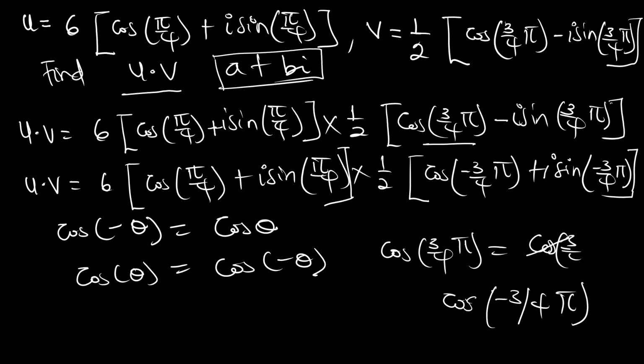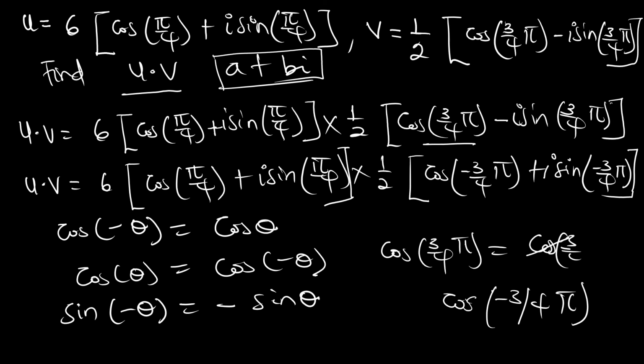Then here too, we were having negative sine 3 over 4 pi. And we know that sine negative theta is the same as negative sine theta.